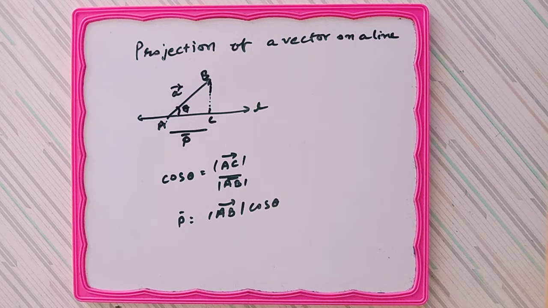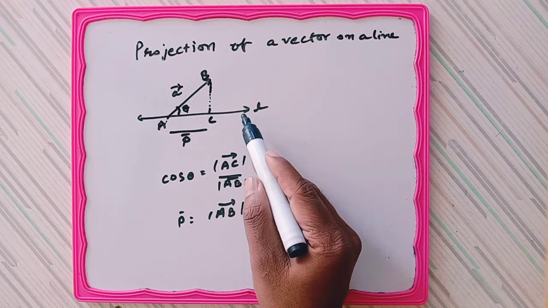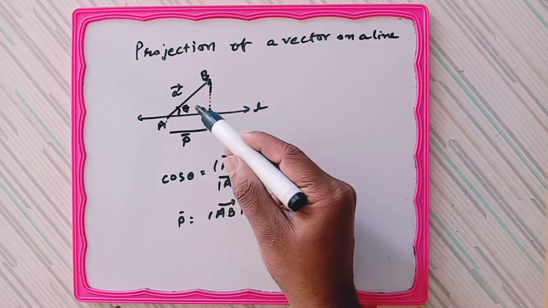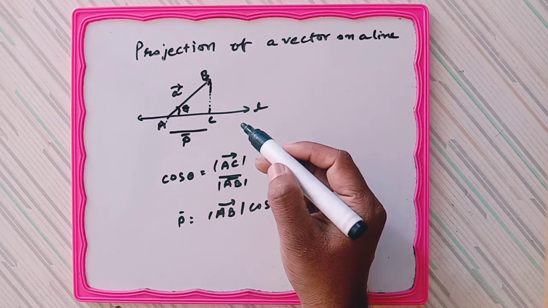And the direction of P bar is the same as or opposite to the line direction, depending on whether theta makes it positive or negative.